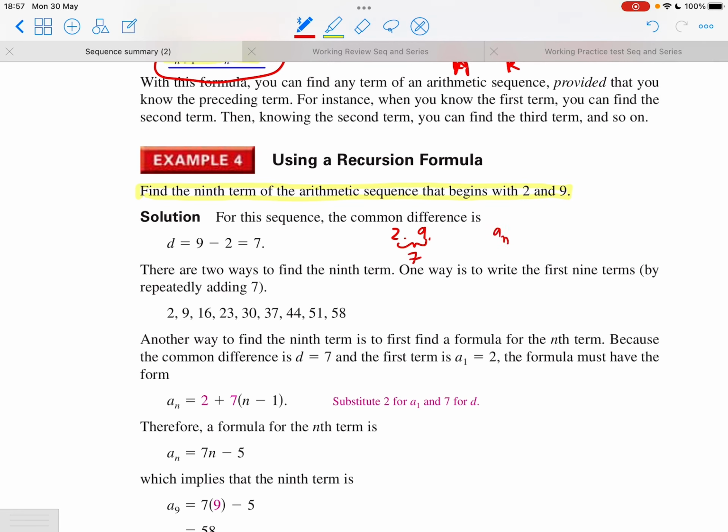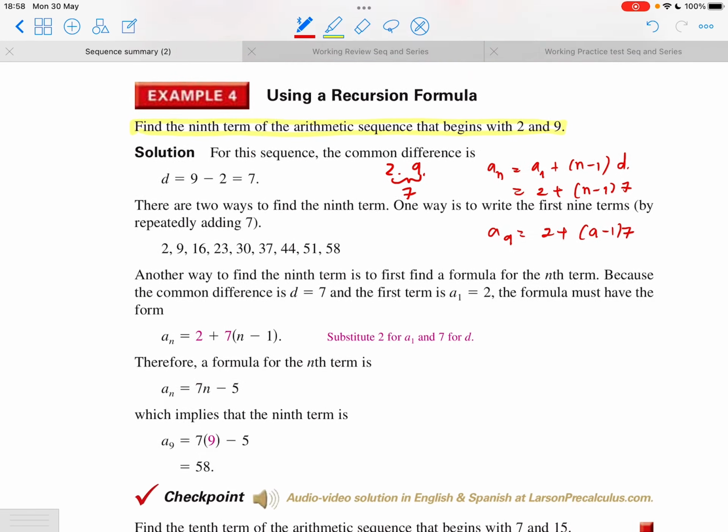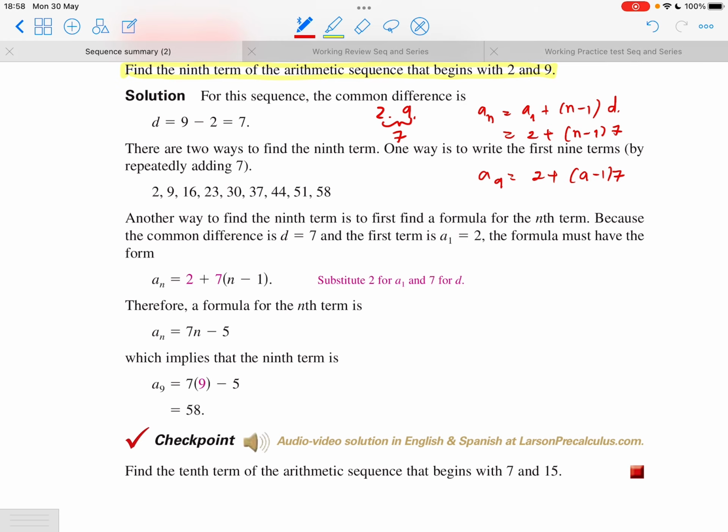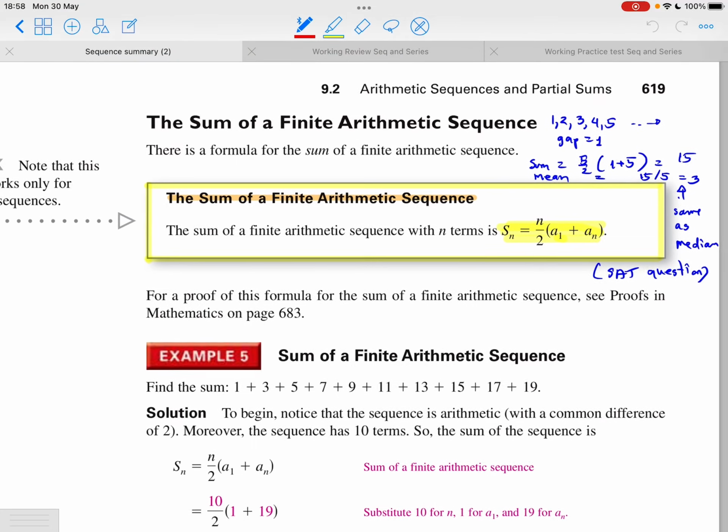So then a_n would be a1 plus (n minus 1)d, which is equal to 2 plus (n minus 1) times 7. And then a9 is equal to 2 plus (9 minus 1) times 7, which is just this one.